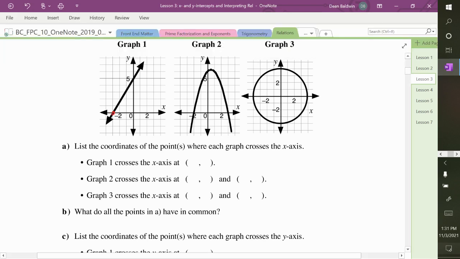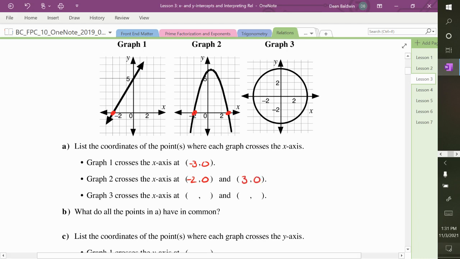That is it. Okay. Graph 2. What are the coordinates of the points where it crosses the x-axis? There's two different points. -2, 0 would be the one on the left, and the one on the right would be 3, 0.